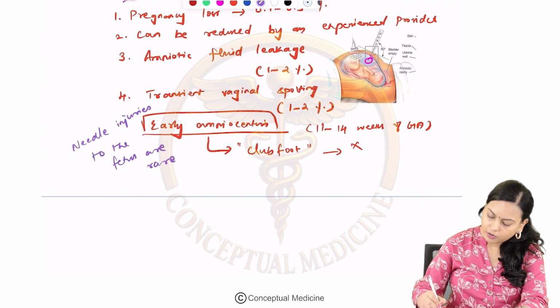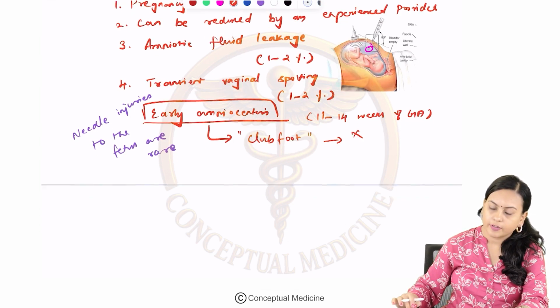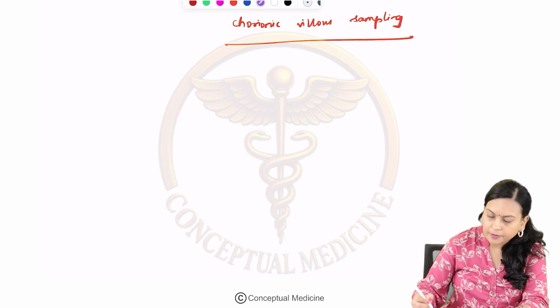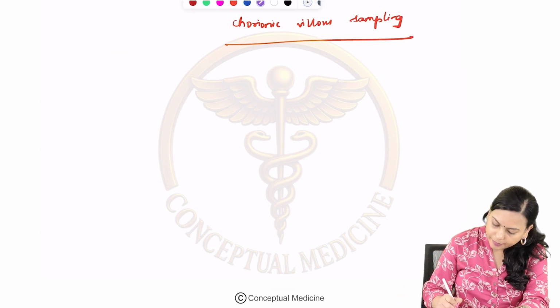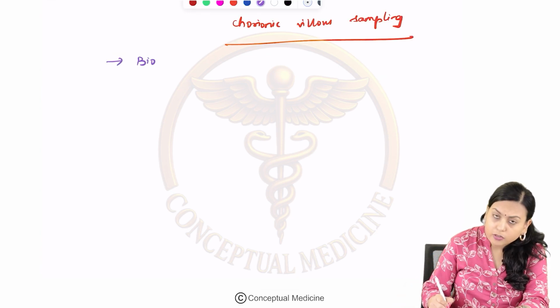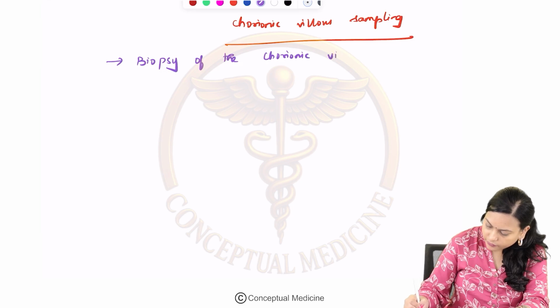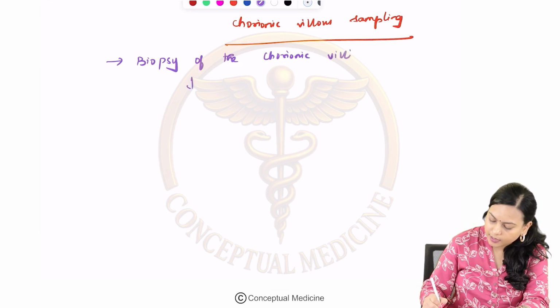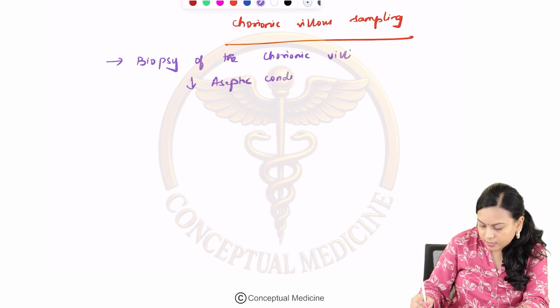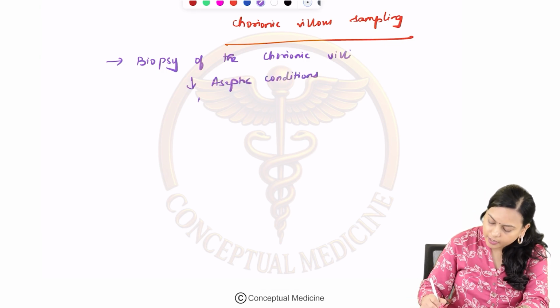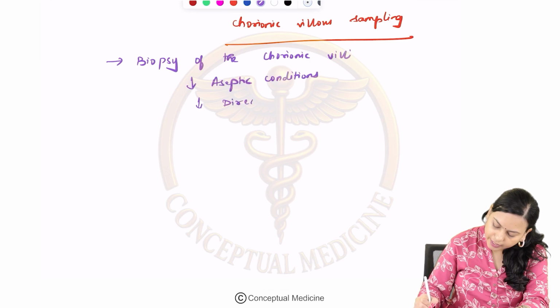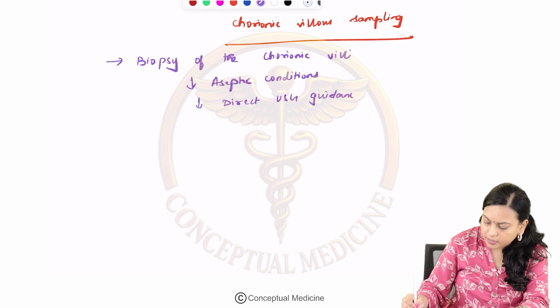Okay. Now we'll see chorionic villus sampling. In chorionic villus sampling, we are going to take a biopsy of the chorionic villi as usual under aseptic conditions and under direct ultrasonogram guidance.